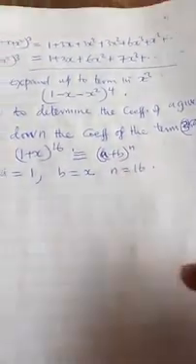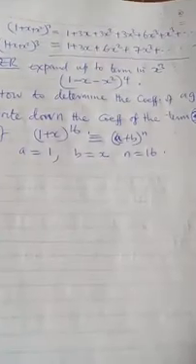If they say write down the coefficient of the third term, from here we can tell that if we compare it with a plus b to the power n, we have b and we have n. I want you to be very attentive again. They want us to write the coefficient of the third term in that expansion.